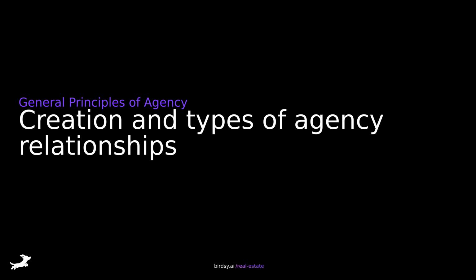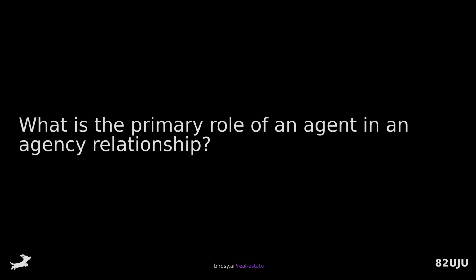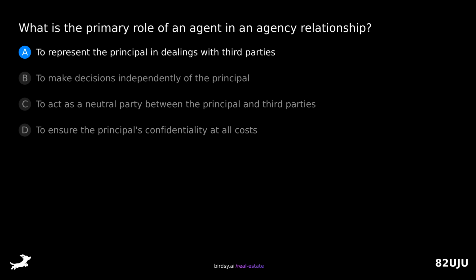General principles of agency. Creation and types of agency relationships. What is the primary role of an agent in an agency relationship? Is it A. To represent the principal in dealings with third parties? B. To make decisions independently of the principal?